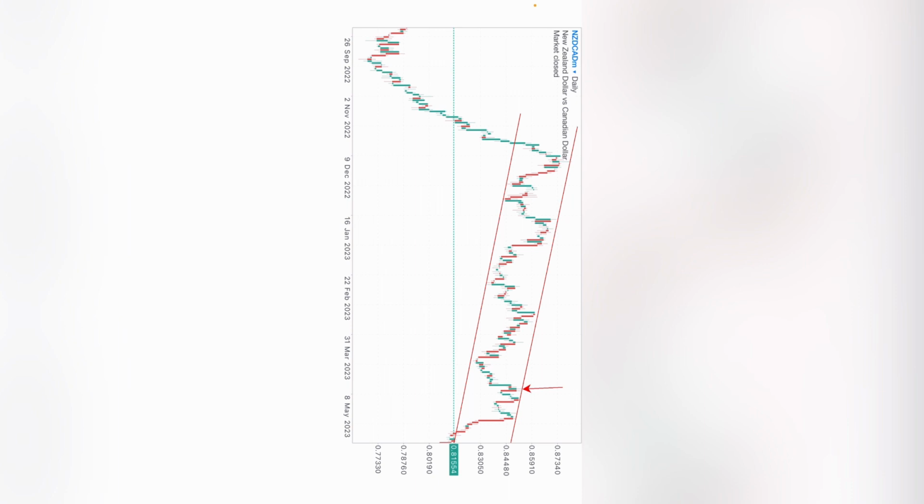You still need to find some confirmation before you enter the sell position if you want to be free of stress.